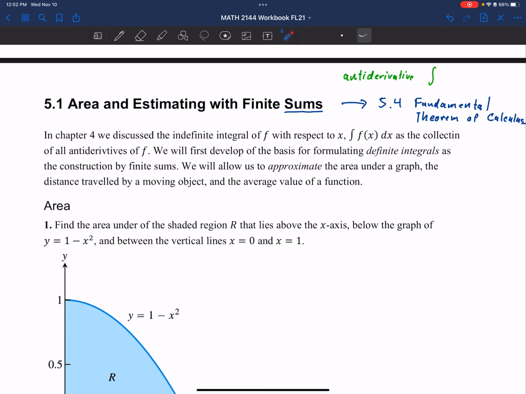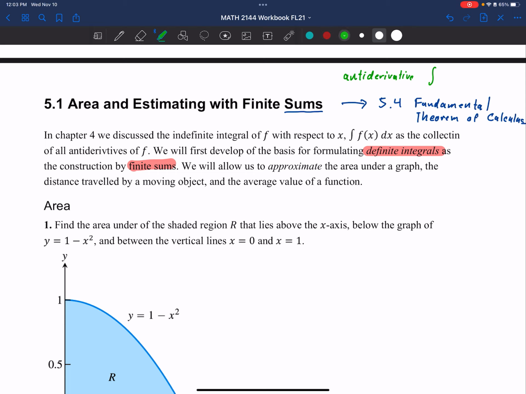In chapter 4, we discussed the indefinite integral of f, that is, using this symbol with antiderivatives. The antiderivative of f of x dx is the collection of all antiderivatives of f. We will first develop the basis for formulating definite integrals as a construction of finite sums.